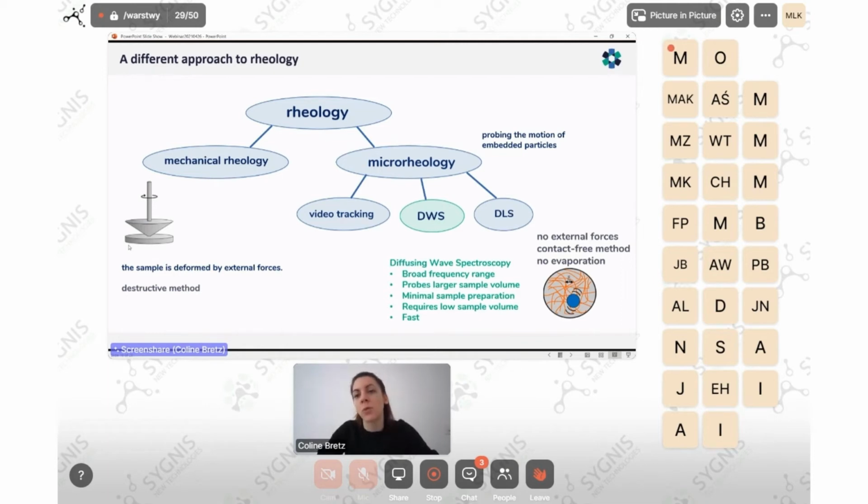In DLS, you probe a very small volume, on the order of micrometers. In DWS, the size of the laser beam is expanded to about 1 centimeter, so you can probe an area that is much larger. It requires minimal sample preparation and low sample volume. It's also a fast technique that doesn't need a lot of sample preparation compared to video tracking.